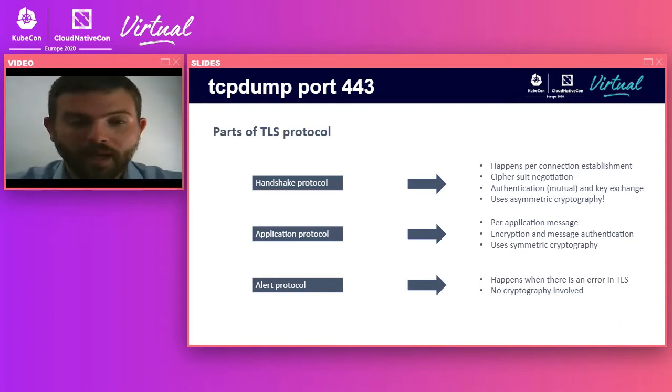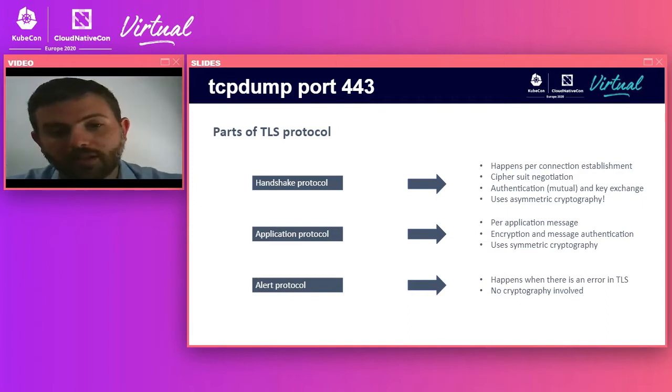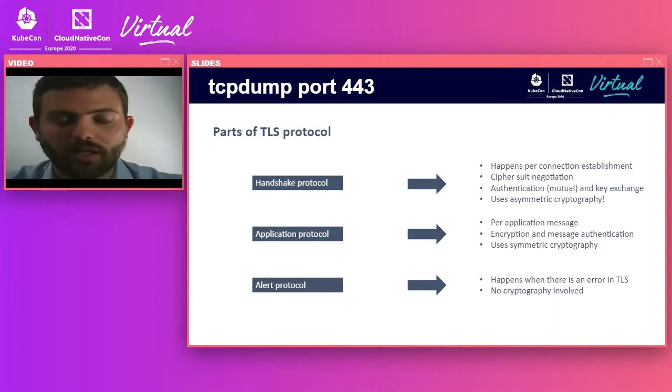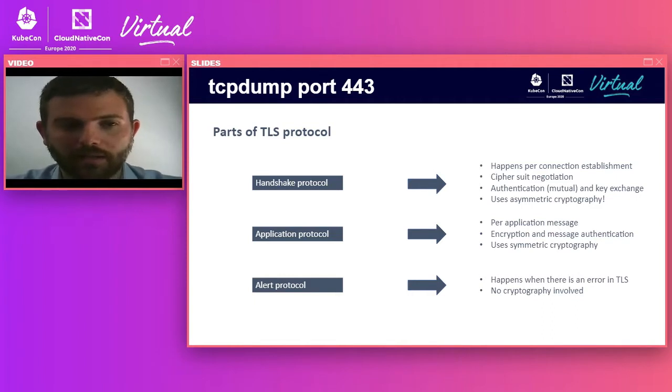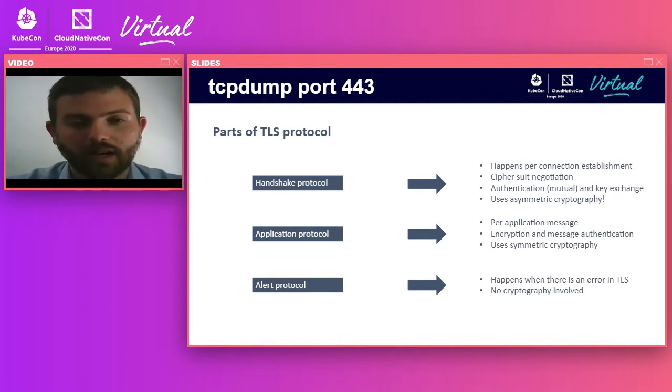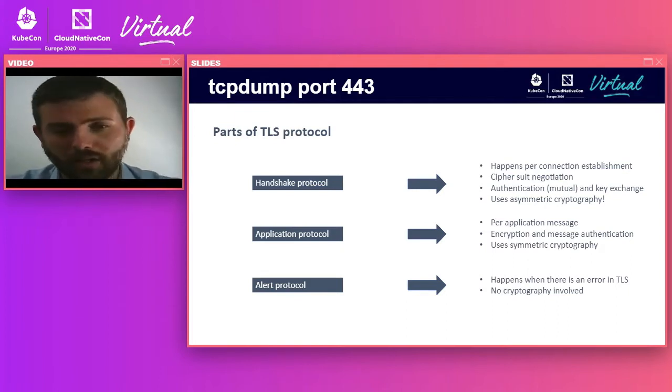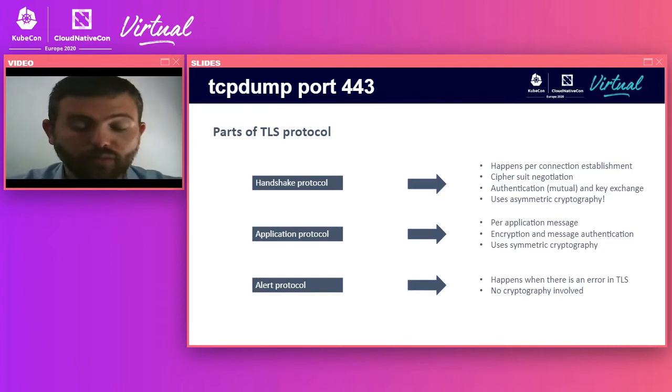between the two parties who haven't met before. And the application protocol, which is the main part of the TLS protocol from the application's point of view, is the part where TLS takes the application data, let it be HTML or gRPC or any other kind of TCP-based protocol, and wraps it in a secure enclosing, encrypts the data, and creates a message authentication code, which enables the other side to validate that it really got the original message it wanted to get.